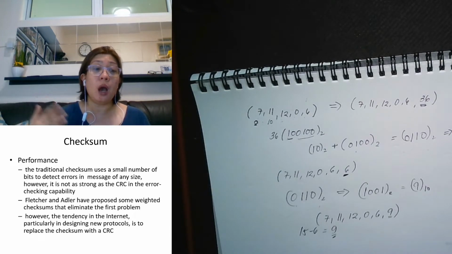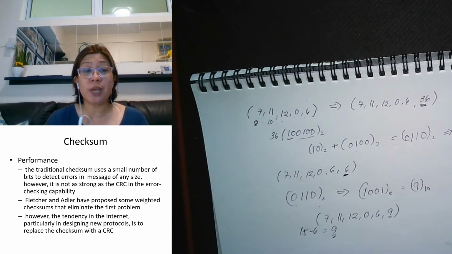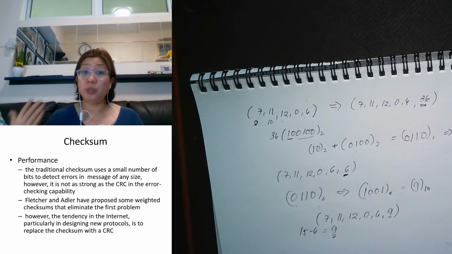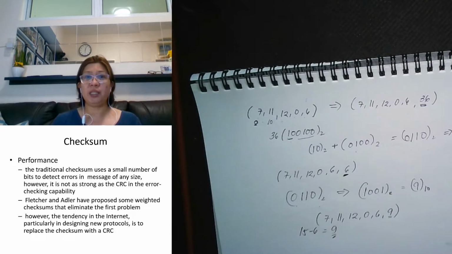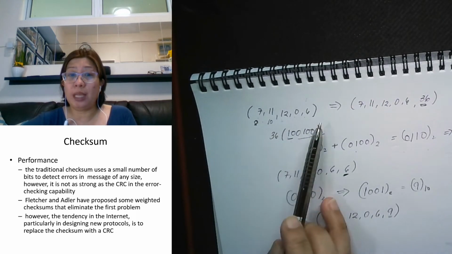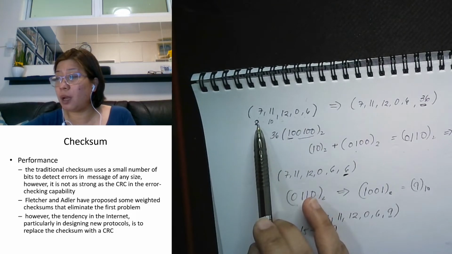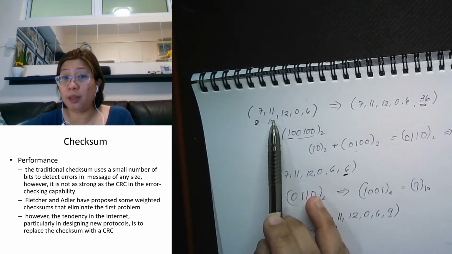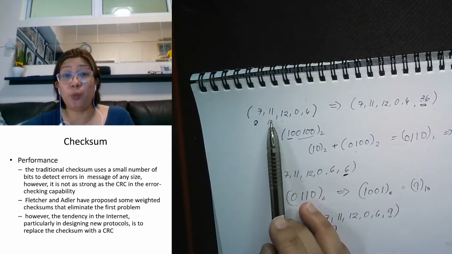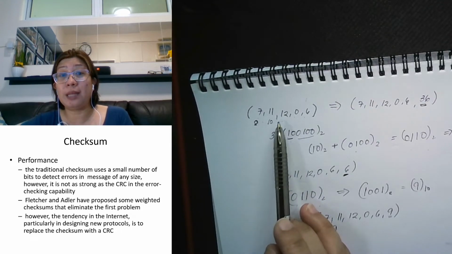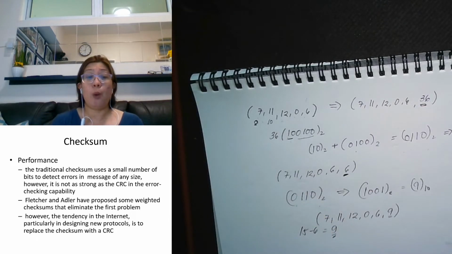Also, if the values of several words are incremented but the sum and the checksum do not change, again errors will not be detected. The reason for this is that the messages are not weighted. We do not place weight on each number, so the numbers are unweighted.